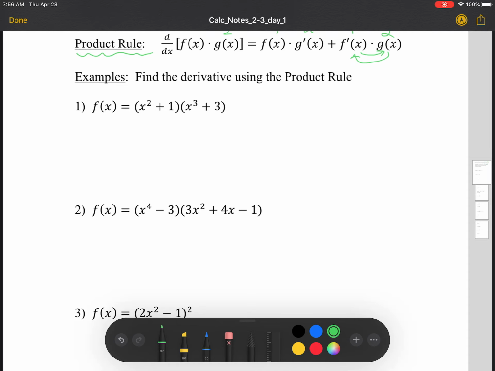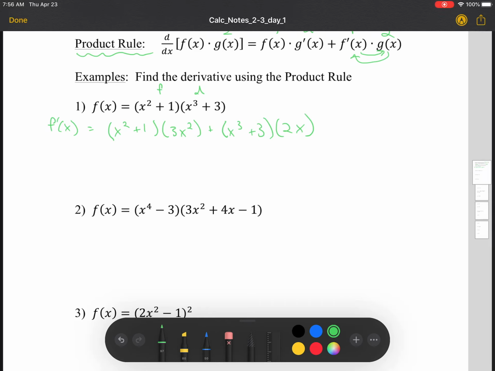That's pretty much all we got today is examples. So, first one. First thing you got to do is identify your two functions. We got, let's just say, our f, our d. So when we take the derivative of our whole function, we're going to have x squared plus 1, 3x squared plus x cubed plus 3 times 2x.